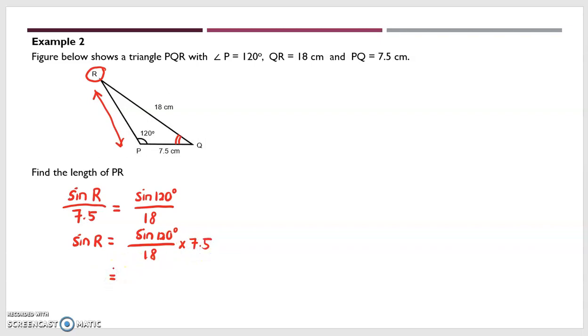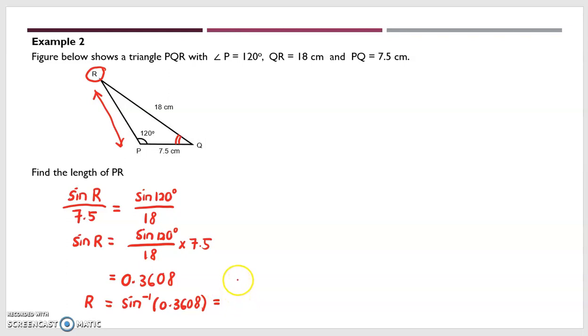So from here, sine 120 divided by 18 multiplied by 7.5, what I have here is 0.3608. So R is equal to sine inverse 0.3608.